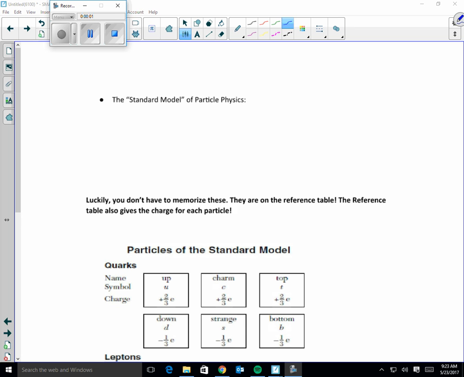The last little part of our modern physics is what's called the standard model of particle physics. It turns out that even protons and neutrons can be broken down into smaller things.